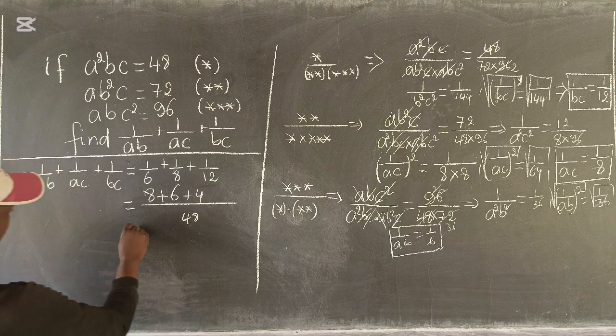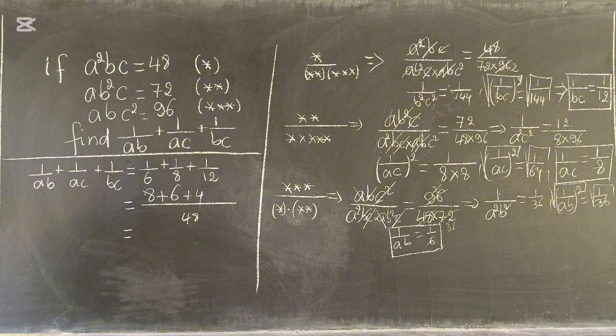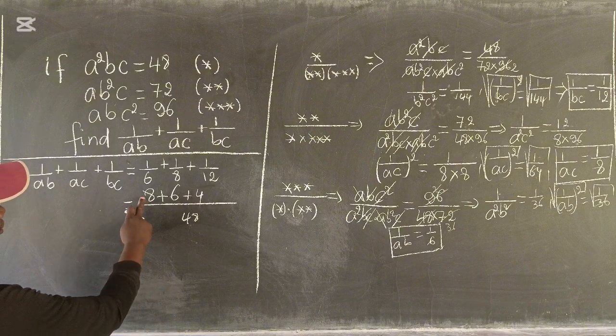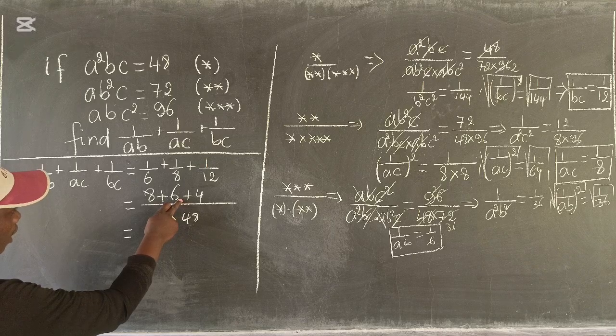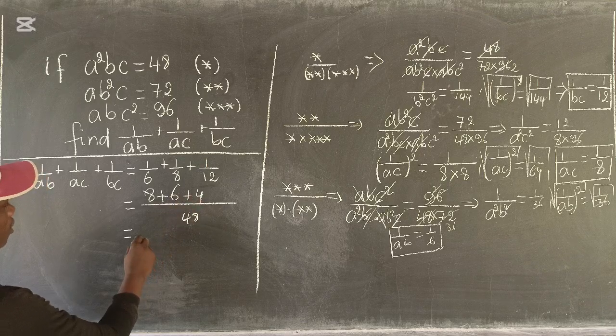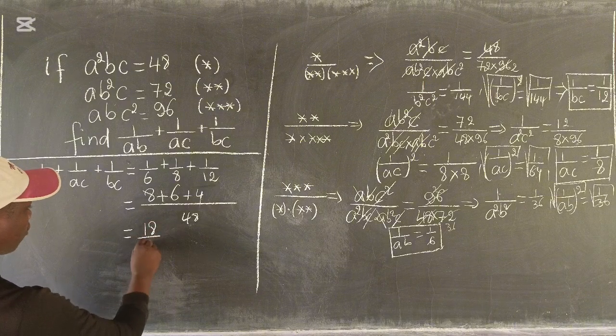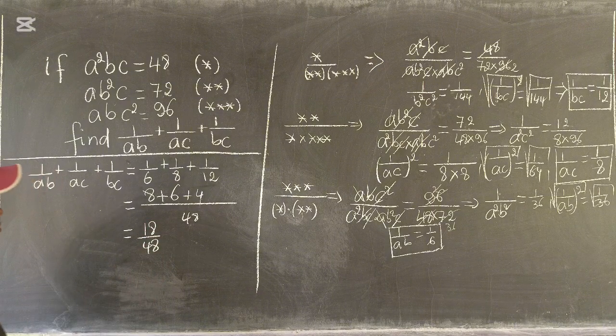Here we have 8 plus 6, that is 14, plus 4, that is 18. We have 18 over 48.